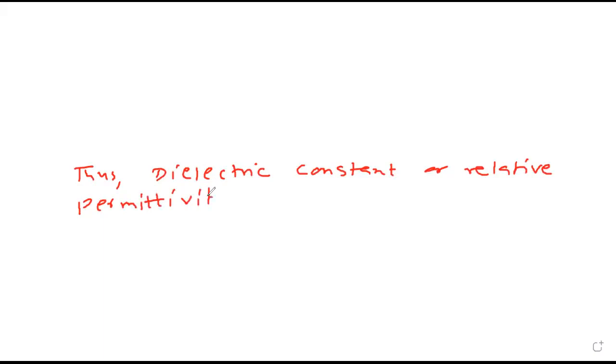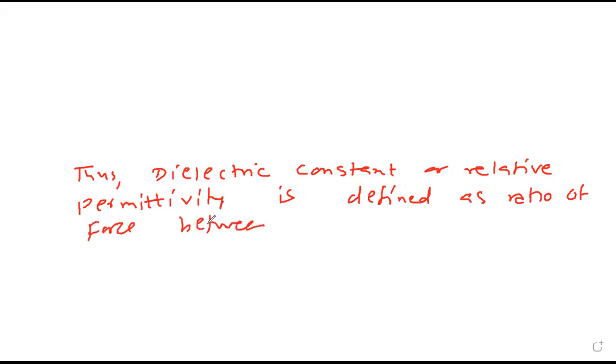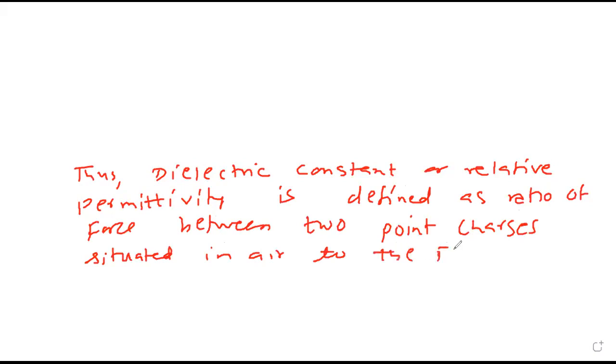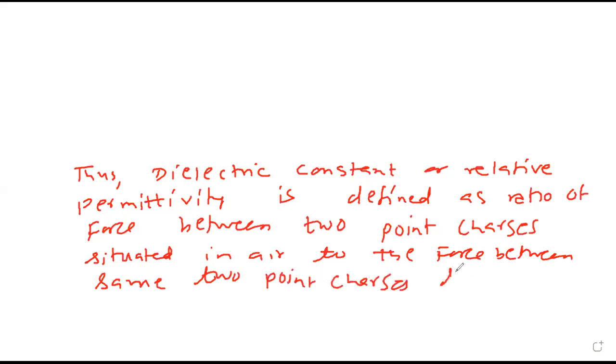Thus, dielectric constant or relative permittivity is defined as the ratio of force between two point charges situated in air to the force between the same two point charges situated in a medium.